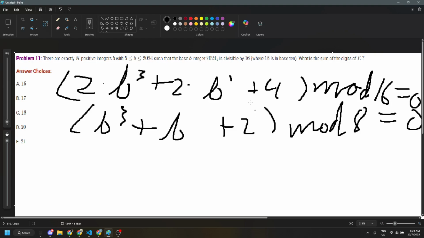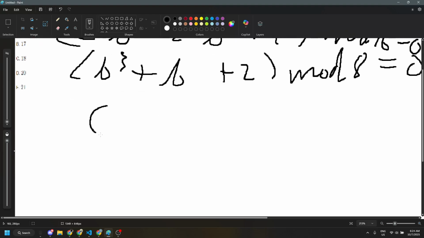So how many numbers from 5 to 2024 are divisible by 8 in this way? Can I factor this? B times... how do I factor trinomials? I don't know. Let's see.